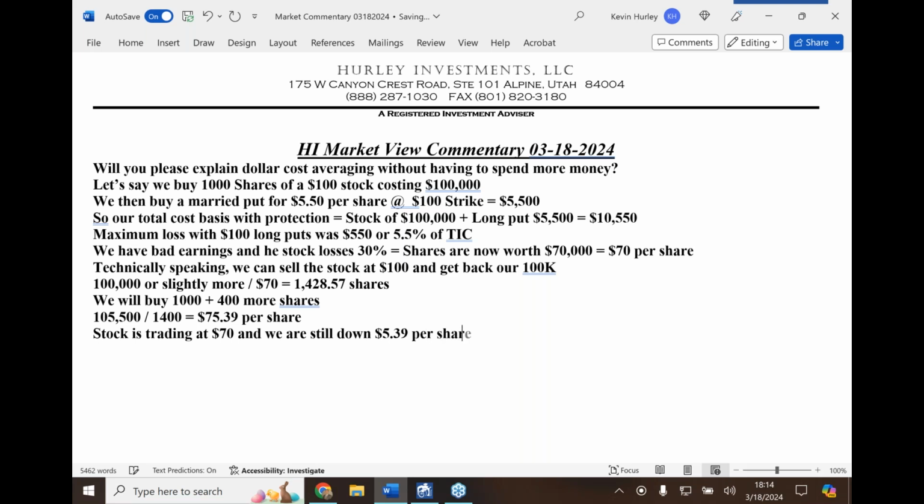$5.39 per share. That is because there's a cost associated with buying protection.